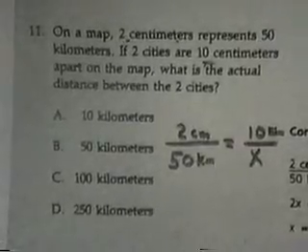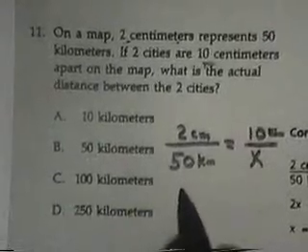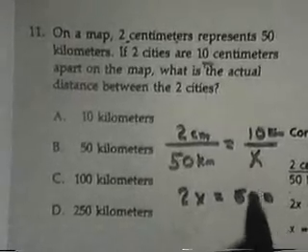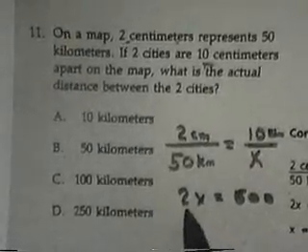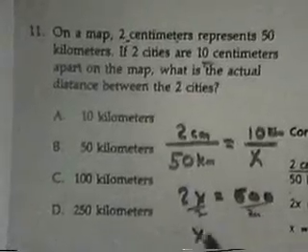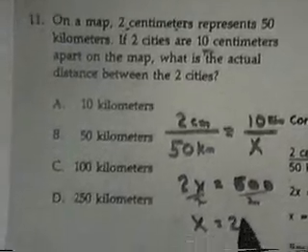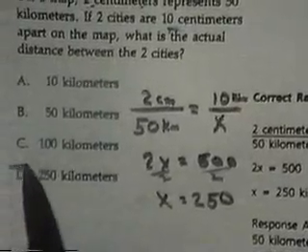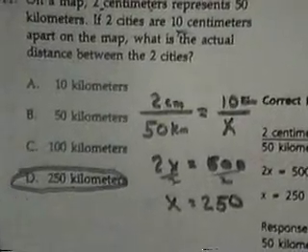What is it out on the ground? So cross multiplying, we get 2x is equal to 500. So dividing both sides by 2, we get x is equal to 250 kilometers. All right? So our correct answer then is D.